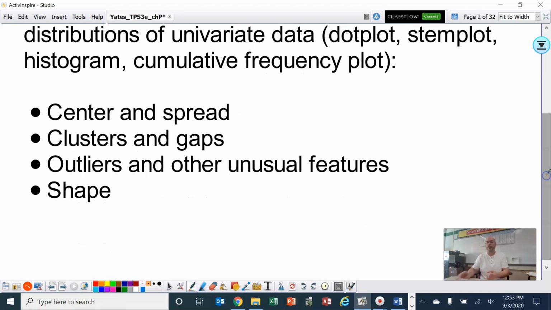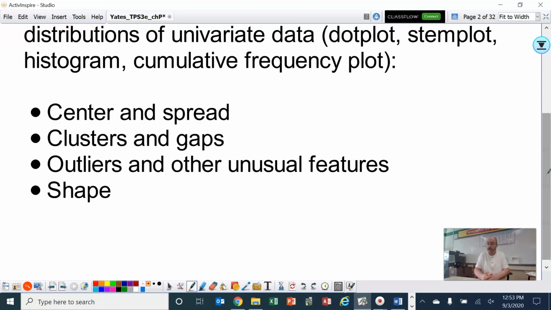All right, so what are we going to look at? We're going to look at the center and spread. Where's the center of the data? How spread out is the data? We're going to look at clusters and gaps, okay? Like clusters, there might be a cluster of data over here, and then there's a gap, and then there's a cluster of data down here, okay? And then we're going to also investigate, well, why is that maybe, all right? Outliers and other unusual features, okay?